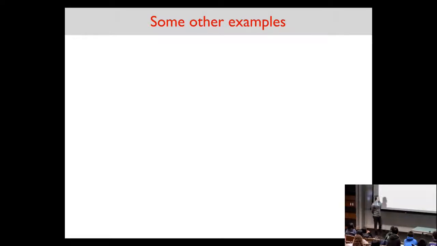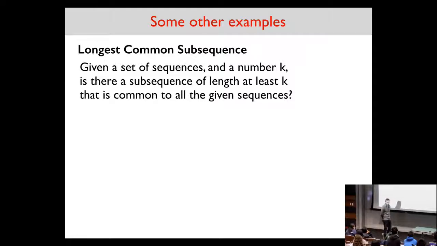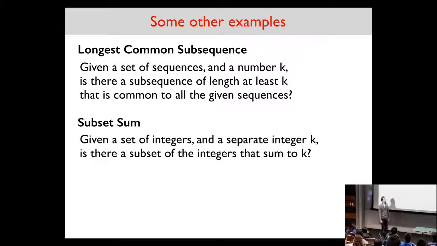Here are some other randomly picked examples that are NP-complete. Longest common subsequence problem: given a set of sequences and a number k, is there a subsequence of length at least k that's common to all the given sequences? We saw this problem earlier, but this is a bit different because you're not restricted to two sequences. You can be given an arbitrary number of sequences.